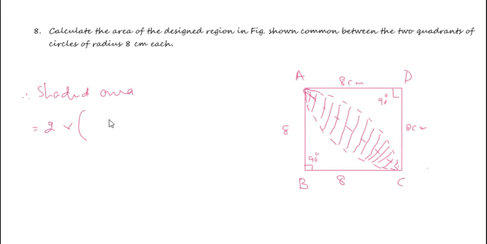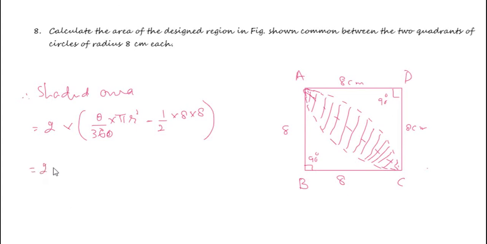Area of the quadrant is theta divided by 360 into pi r square minus area of this triangle, that is half into 8 into 8, because this is a right angle triangle. If I take this as the base, this is the height.